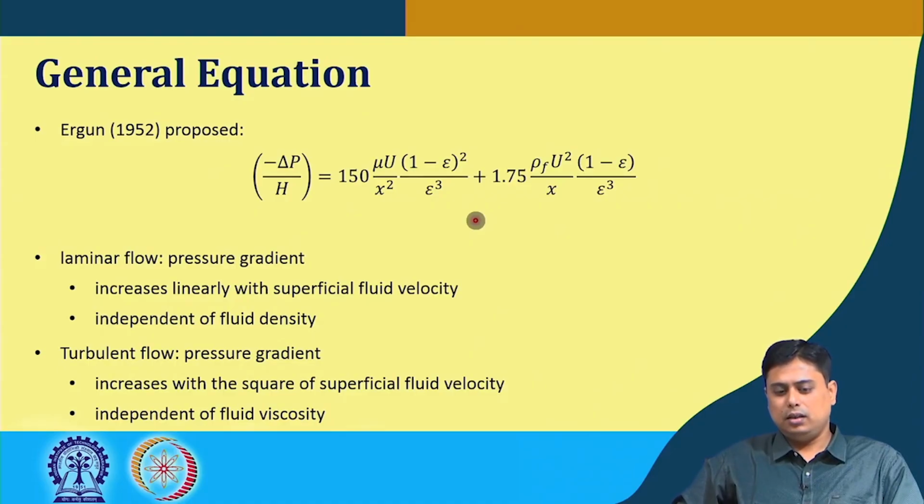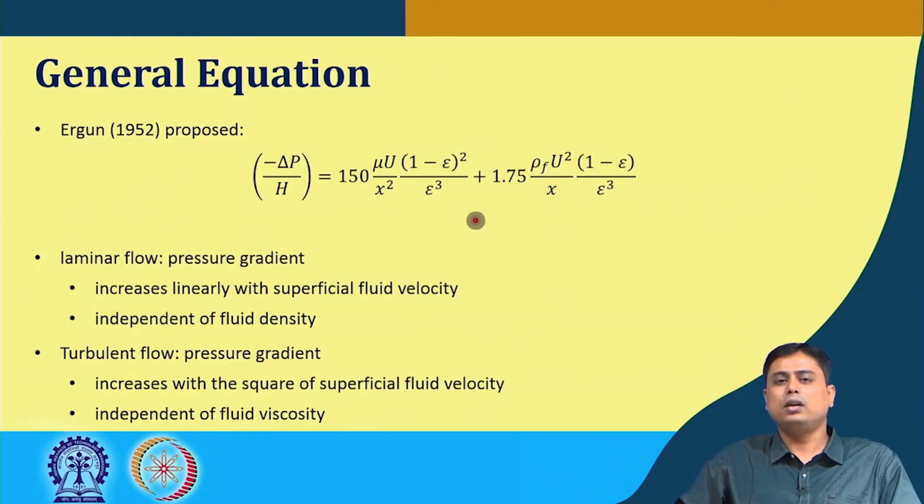The point is, this is categorized based on either the fluid density or the fluid viscosity. Now, you remember a dimensionless number that defines the importance of these two parameters, the density and the viscosity. It is nothing but the Reynolds number. Reynolds number defines the importance of the inertia force and the viscous force.